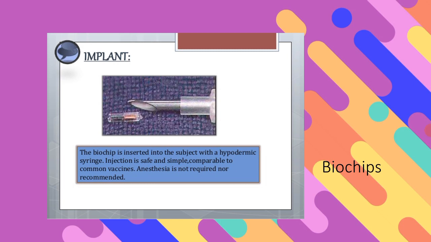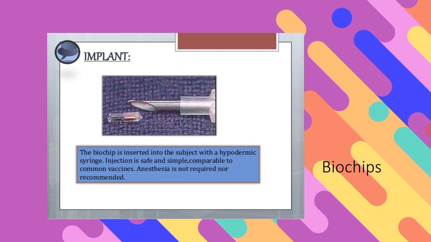As we know, after we take a vaccine, we may have certain side effects, certain rashes or fever or uneasiness. There is nothing like that in the case of biochip implantation. Also, anesthesia is not required for the implantation of the biochips.